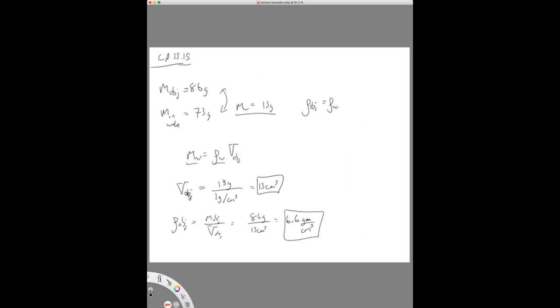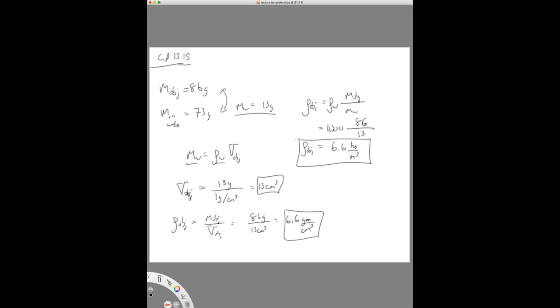let me put this again here. We'd have 1,000 times 86 over 13, and that's 6.6 times 10 to the third kilograms per cubic meter.